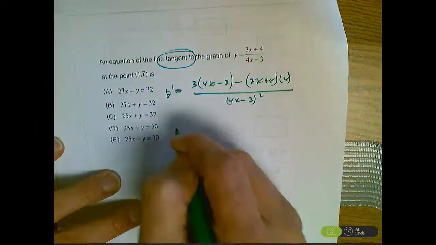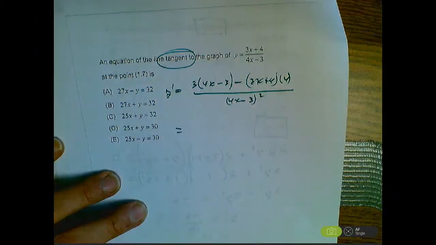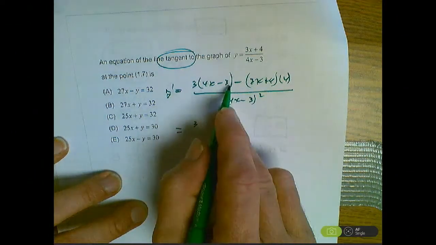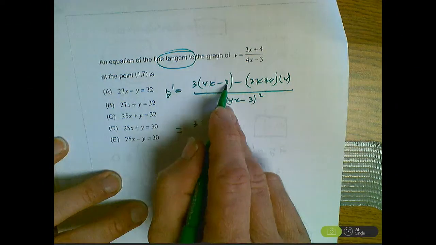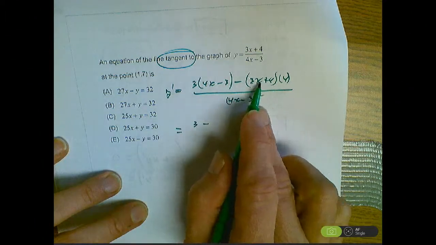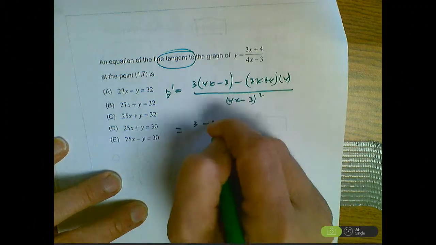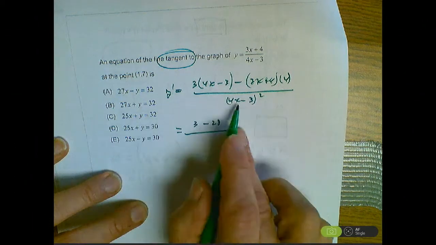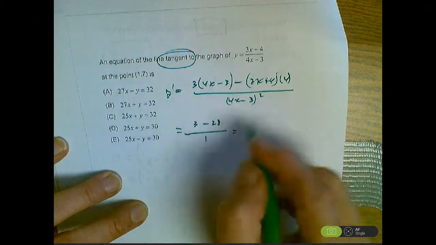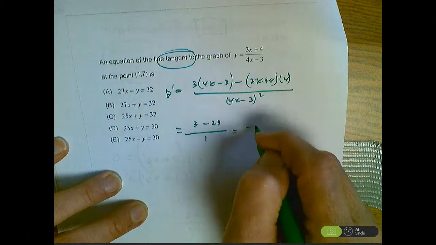Okay, now I'm going to plug numbers in. I'm going to do y prime at 1. So 3 times 1, because it's 4 times 1 minus 3, which is 1, minus 3 times 1 plus 4 is 7. 7 times 4 is 28. 4 minus 3 is 1, squared is 1. So the slope is going to be negative 25.